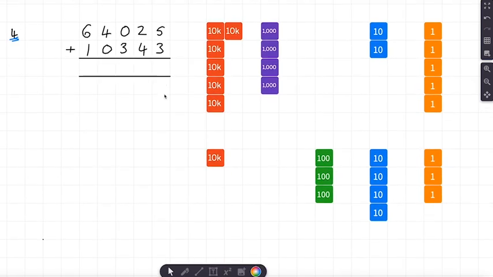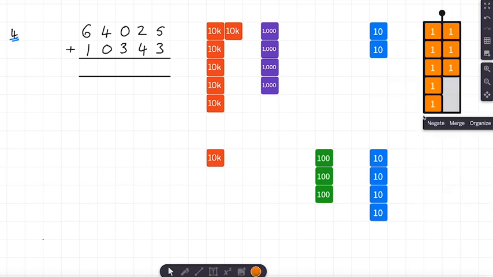Here's the last question that we're going to go through in detail today before the quiz, and it's 64,025 added to 10,343. We have both our numbers here and here. So let's start off with the units again. We've got 5 plus 3, which gives us 8.